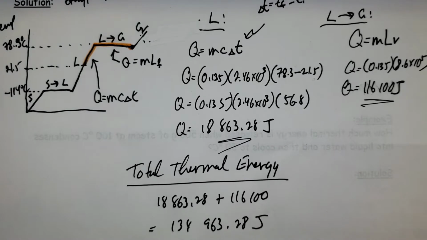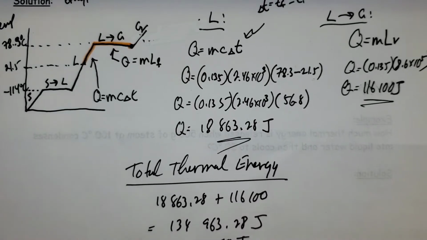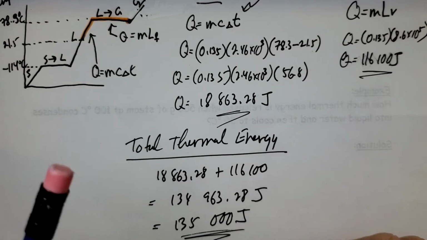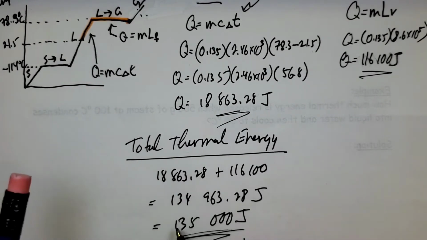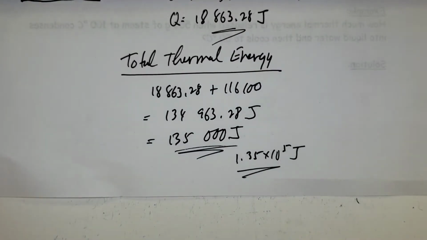So 138,963.28. I'll round it off to 3 sig figs because I think that's what we have in the question. So 135,000 joules. Or of course you could put it into scientific notation, put the decimal here, 1, 2, 3, 4, 5. Either one will work there.